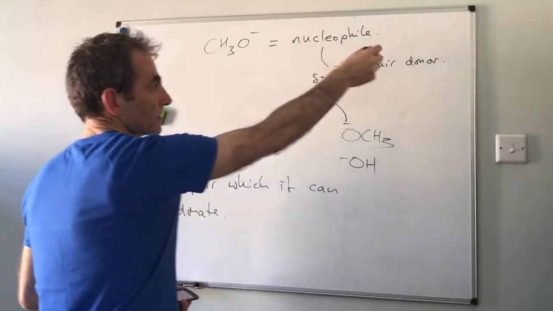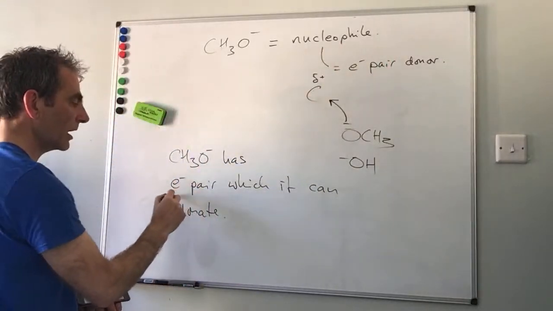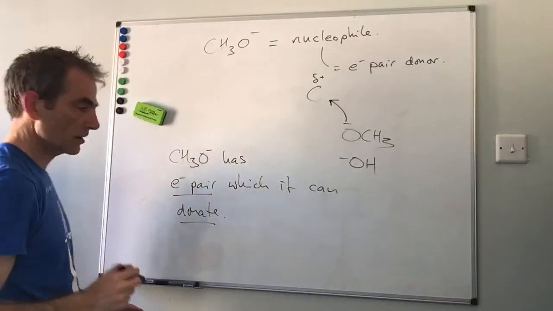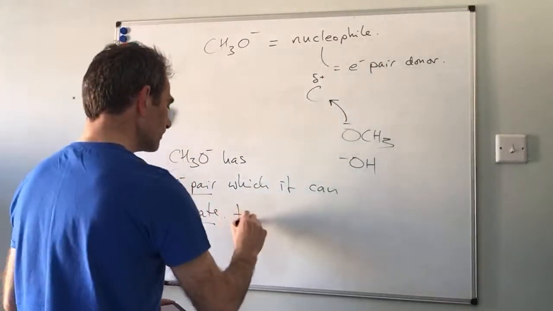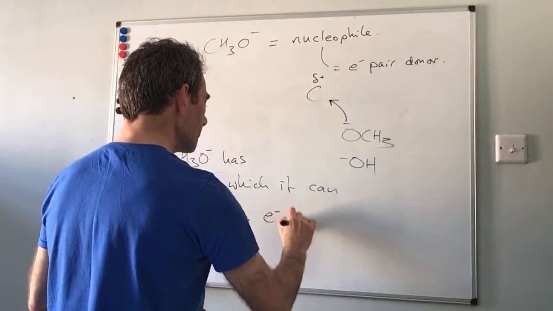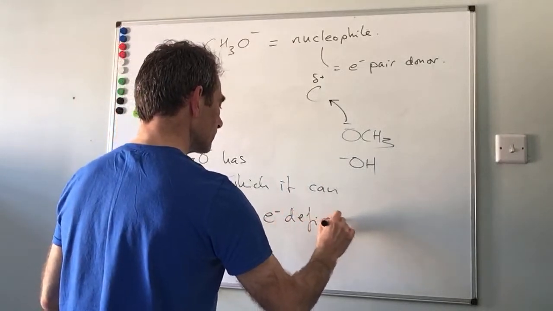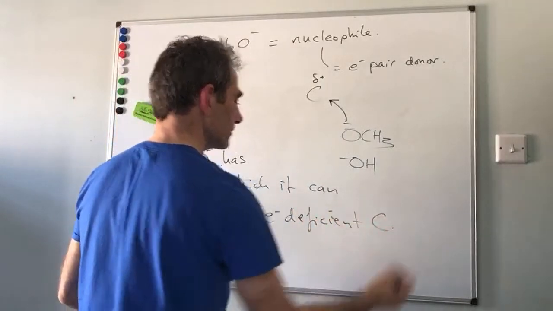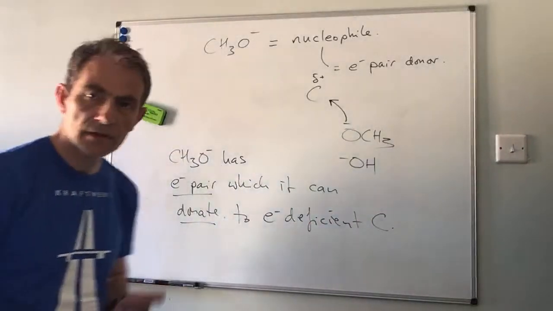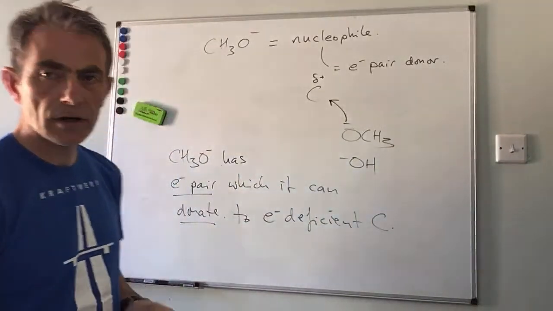There's the definition in there, electron pair donor to an electron deficient carbon. That would score you all the marks.